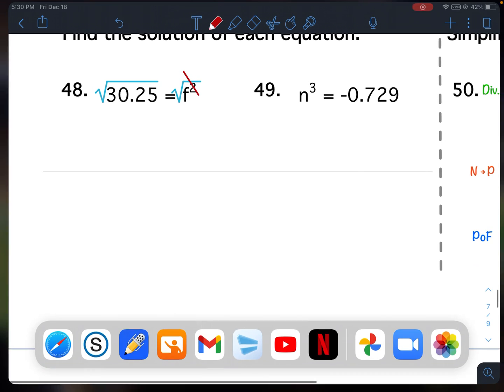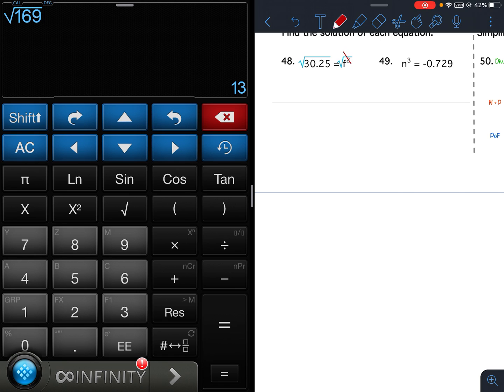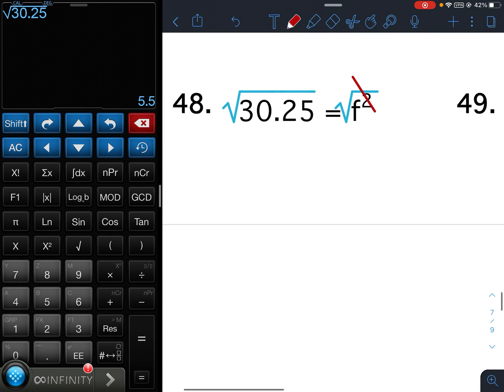All right, pull up the calculator. There we go. Square root of 30.25 is 5.5. Now, remember, for square root, though, your final answer must have the positive and negative sign in front of it. So positive and negative 5.5 equals f.